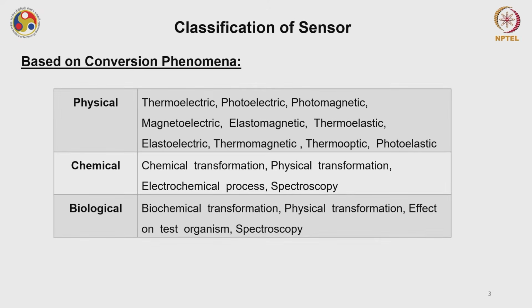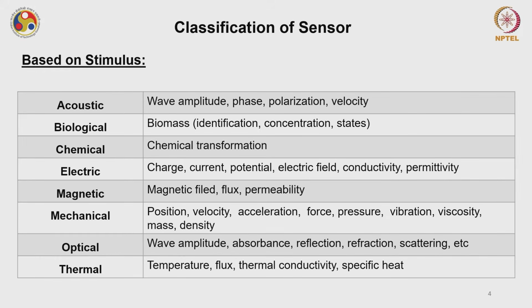Similarly, electrochemical processes are classified under chemical sensors. For biological sensors, we have biochemical transformation and again physical transformation. There are other classifications like effect on test organisms and spectroscopy. We'll see some of them when we discuss the biosensors part.